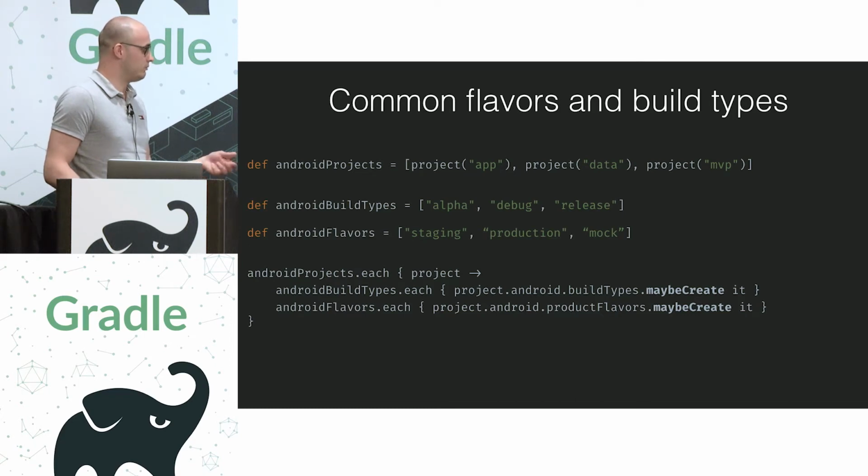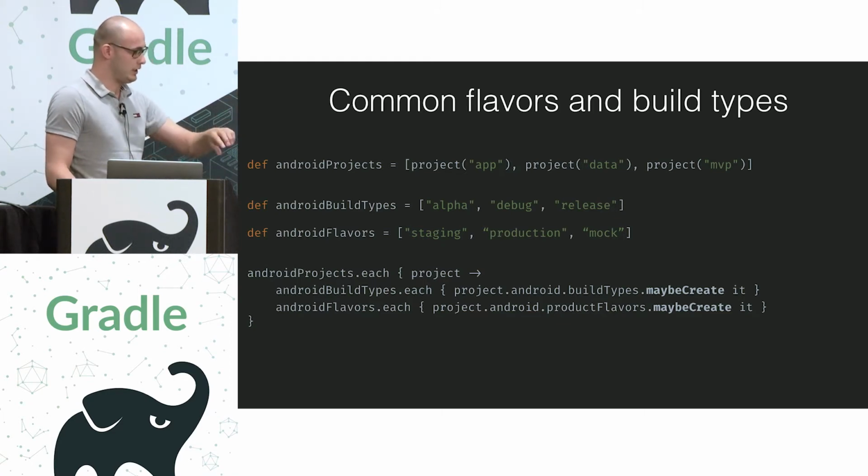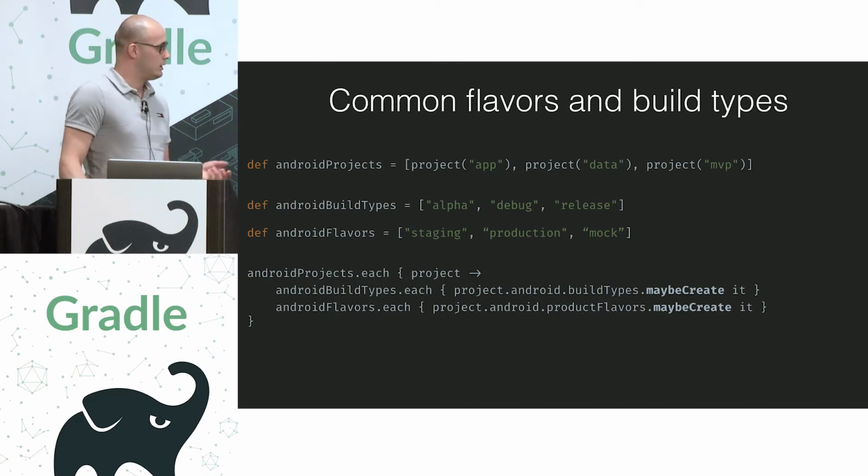So we can use maybeCreate to just skip those if they are already there. And this snippet will just configure everything. We won't have to write Android build types and all the things in the respective modules, but we can still do that if we want to configure them. It still works.